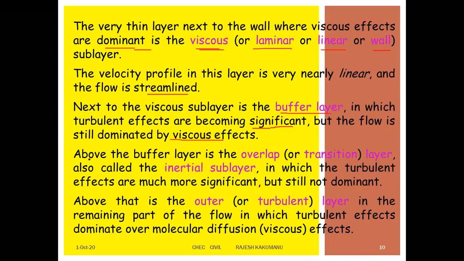Next, the third one: above the buffer layer we have the overlap or transition flow. It is called the inertial sublayer.